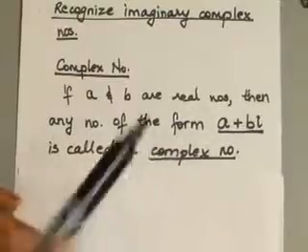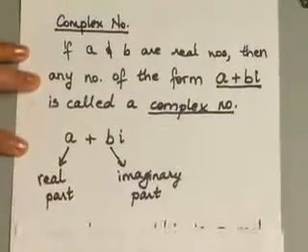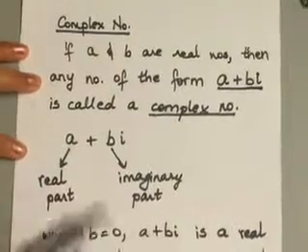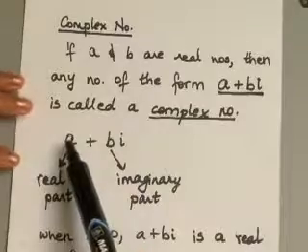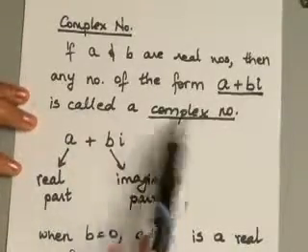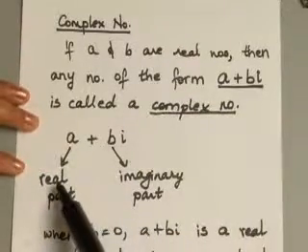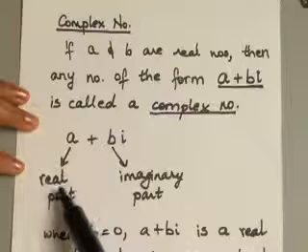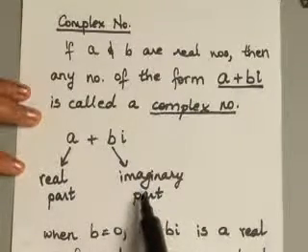Now, just to identify this, let's see what the number breaks down into. In your complex number, a is called the real part, and b is called the imaginary part.